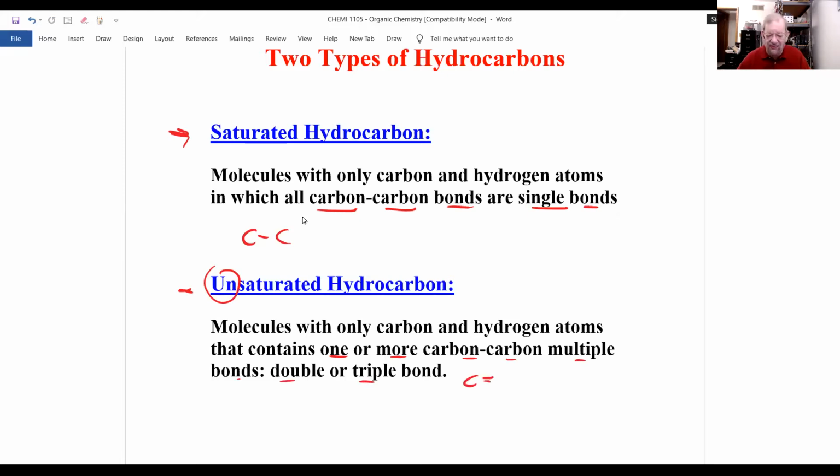And it would look like this: a double bond, a triple bond. The terms saturated and unsaturated mean that with a double or triple bond, it's unsaturated and you can add more hydrogens. Saturated, you can't add any more hydrogen atoms.